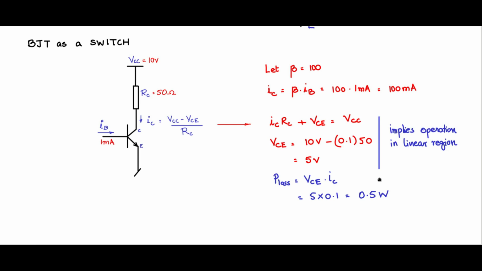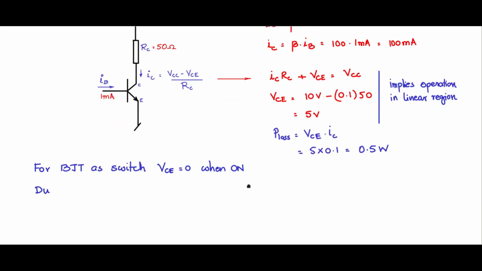Now we want to see what changes will happen when the BJT is operating as a switch. So first of all, we want the power loss to be 0, which means that VCE should be 0. So for a BJT as a switch, VCE should be 0 when the transistor is in the on state.